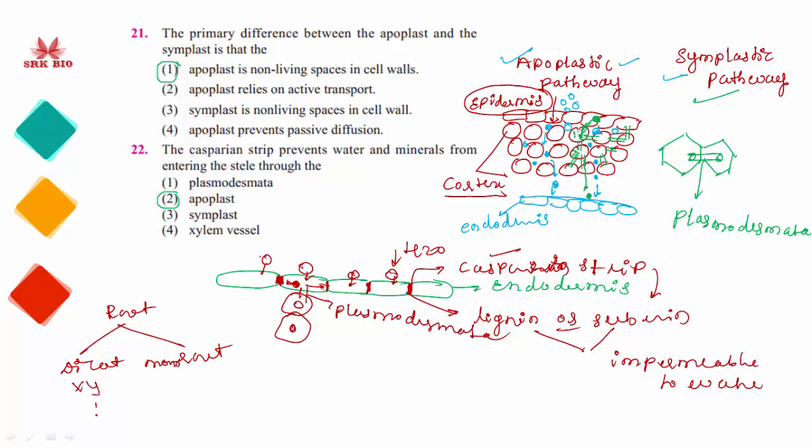That is, xylem and phloem are arranged along the radius of the root. So through the radius only, when water passes, it will enter into the xylem. So the presence of Casparian strips prevents the apoplastic movement of water within the root.